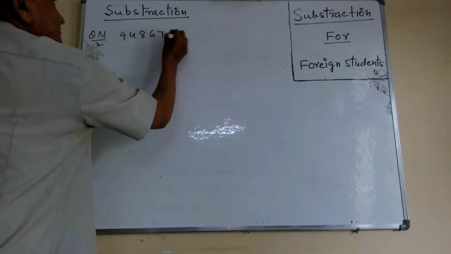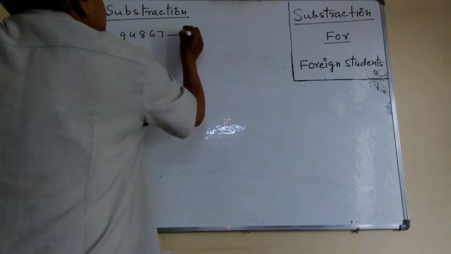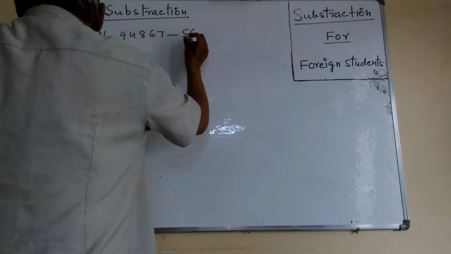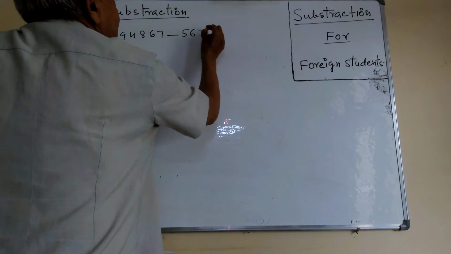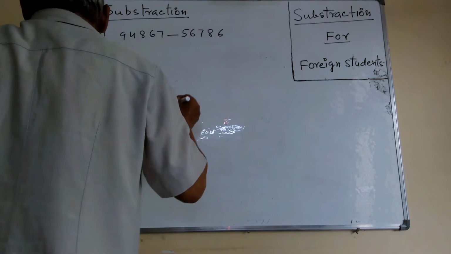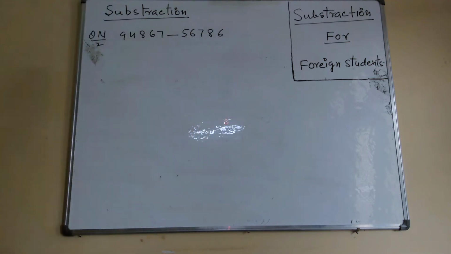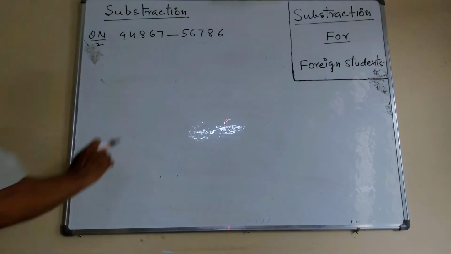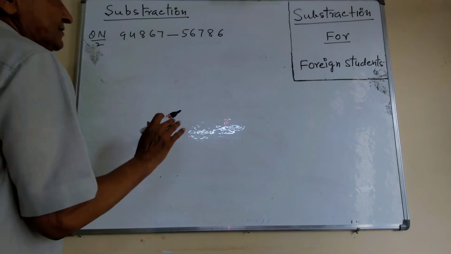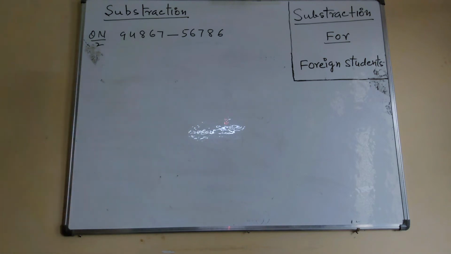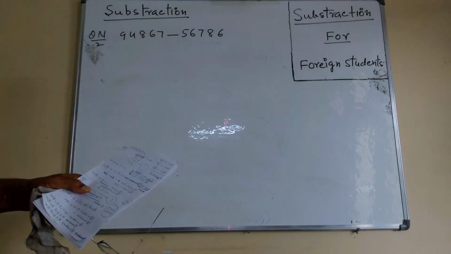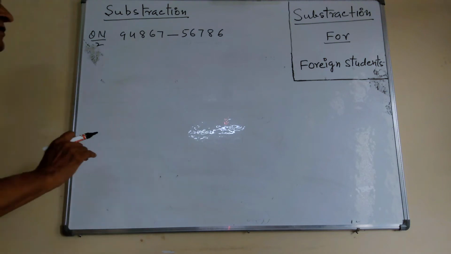94867 minus 56786. My dear students, this is the second question. In this question, the numbers are somewhat large as compared to the first question.